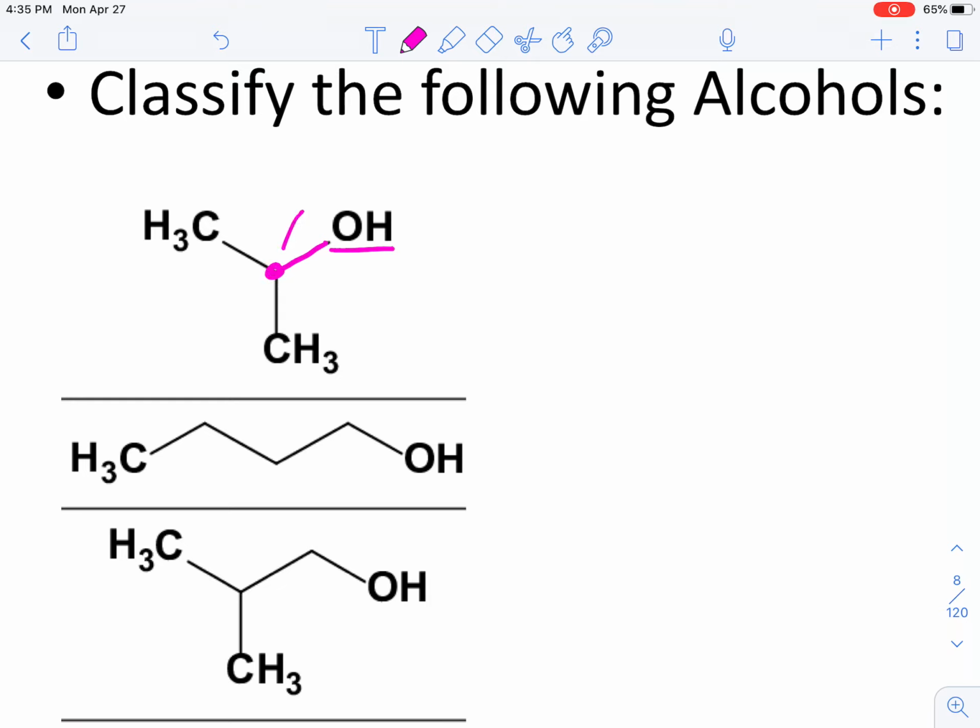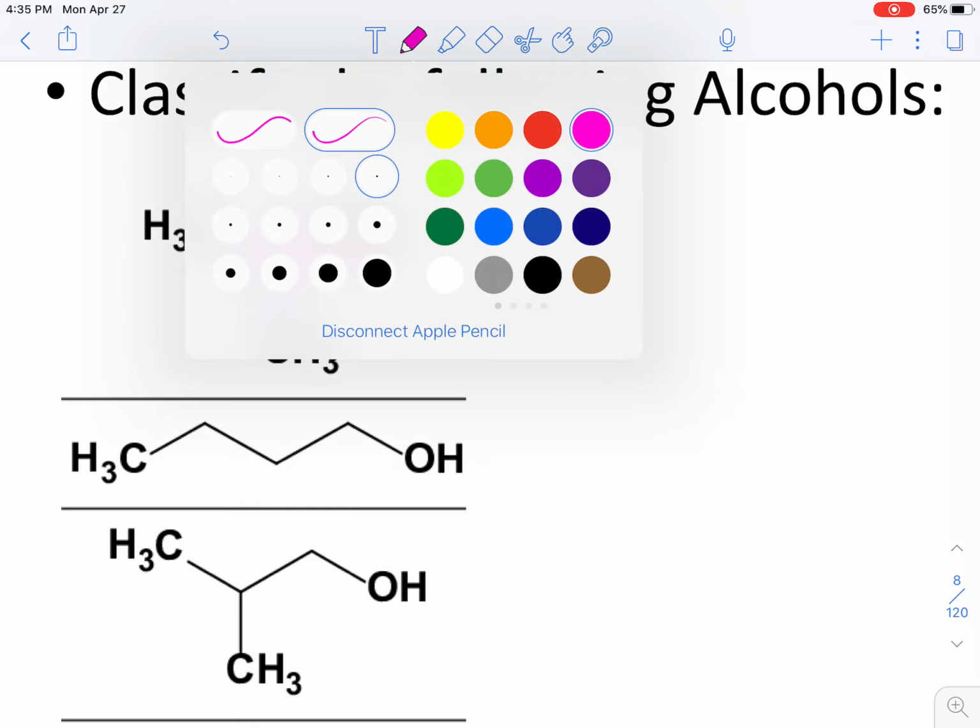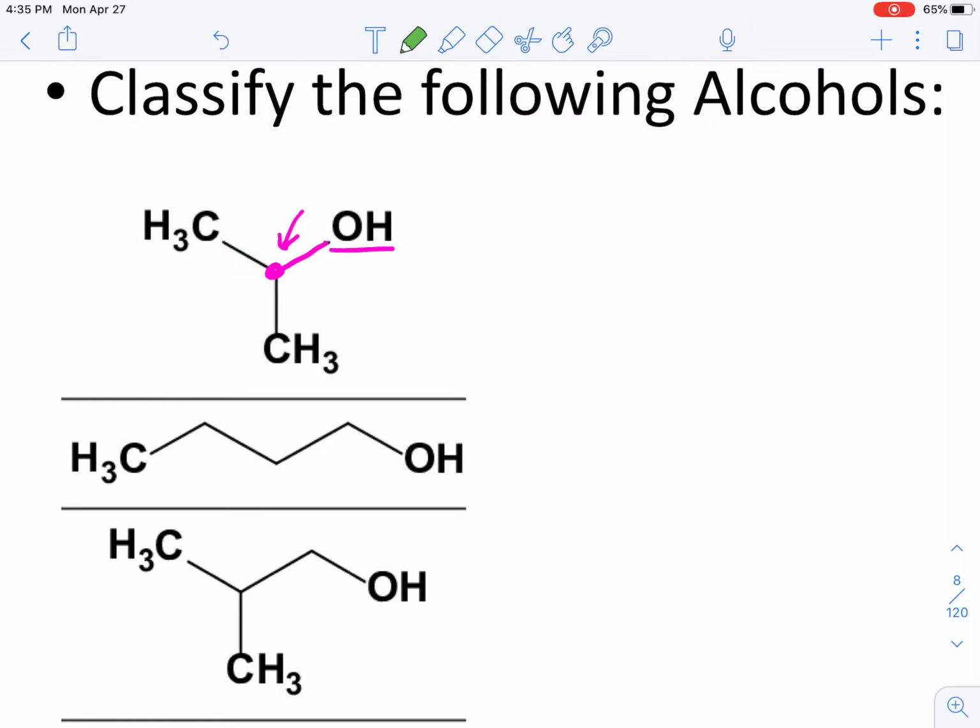So I'm going to use this carbon as my focal point to classify my alcohol. The carbon that I've marked in pink is covalently bonded to one and two other carbons. And so it would make this carbon a secondary carbon, thus making this alcohol a secondary alcohol.